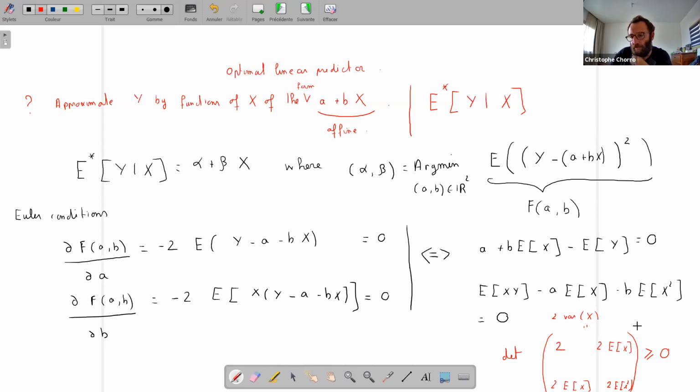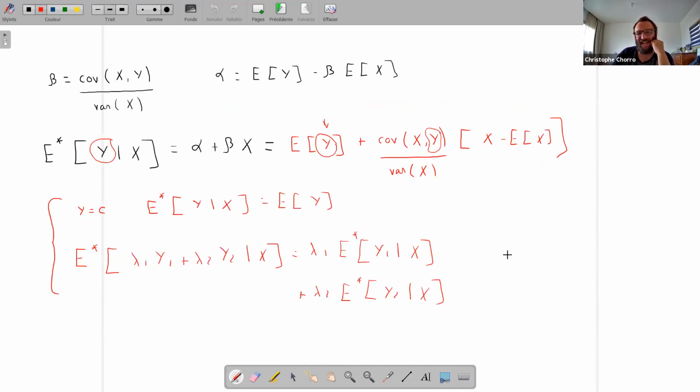You have a determinant that is positive, implying that the Hessian matrix is a positive matrix, and in the case where the matrix is positive, it means that I have a minimum. So that's why I obtain the minimum I want here as a best linear predictor.